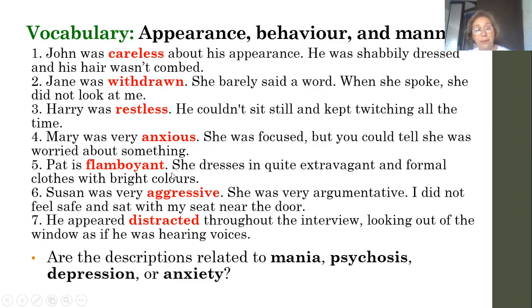Yes, number 5. Pet dresses in extravagant bright clothes, so wants to be the center of attention. Which mental disorder is it? Is it mania, psychosis, depression, or anxiety? This is the sign of mania, actually. So being flamboyant. And so number 6 and actually number 7.